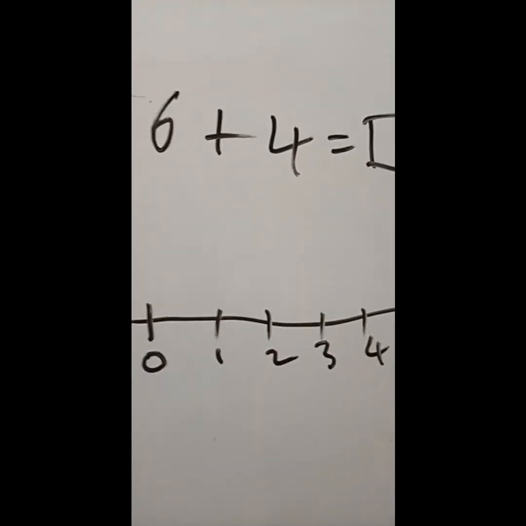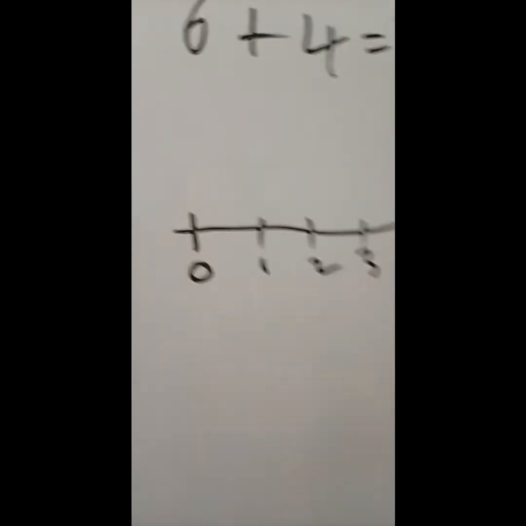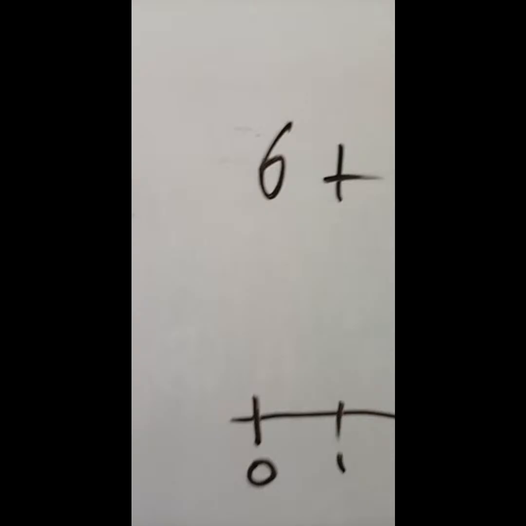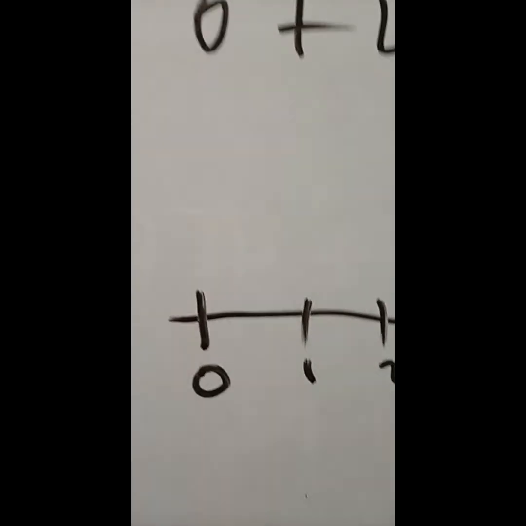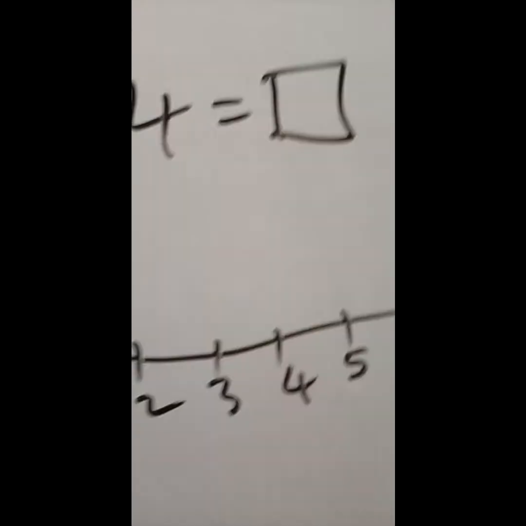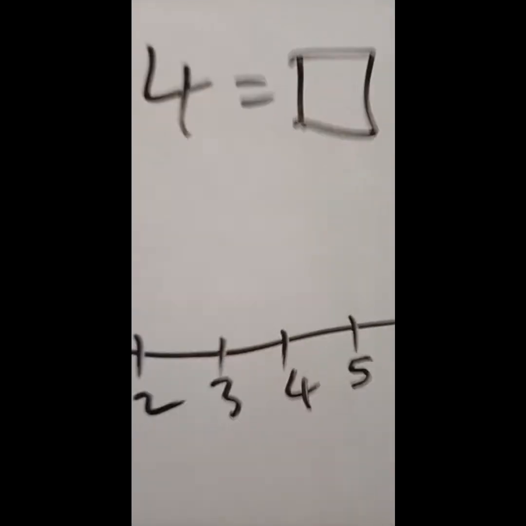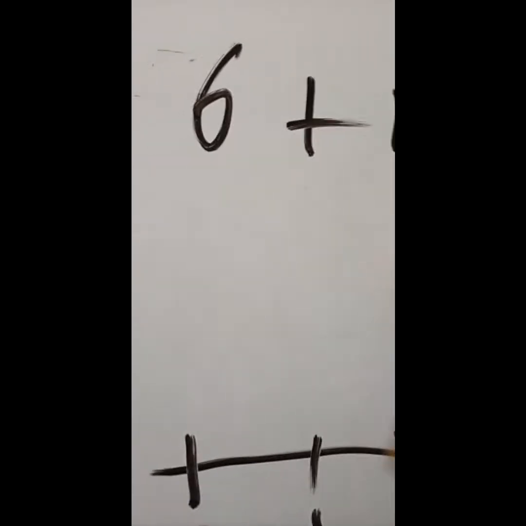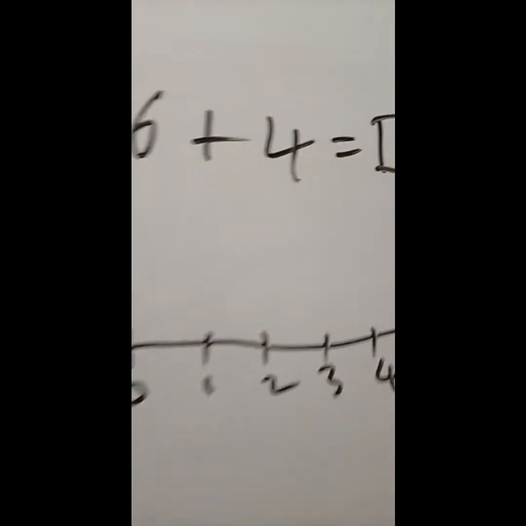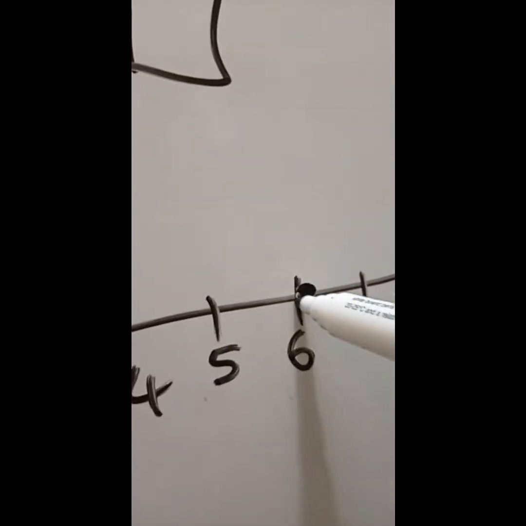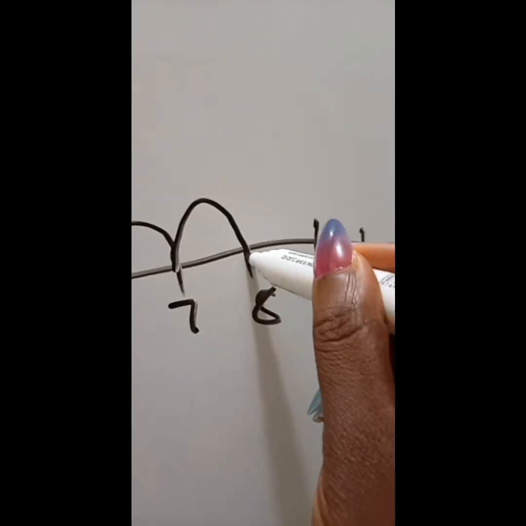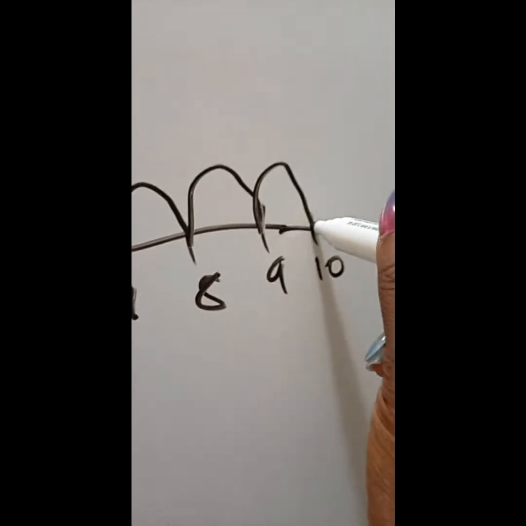After fixing the numbers, the next thing you have to do is the frog started its jump from number 6. So you go to number 6 and put a dot on it for starters. The next thing you do is how many times did the frog jump? 4 times. So let's check it out and see where we'll land. 1, 2, 3, 4.